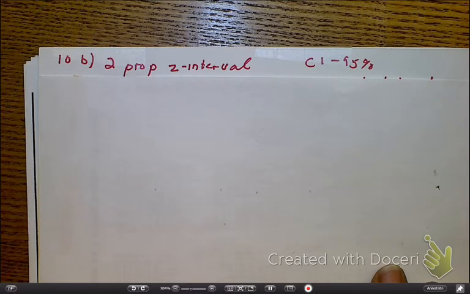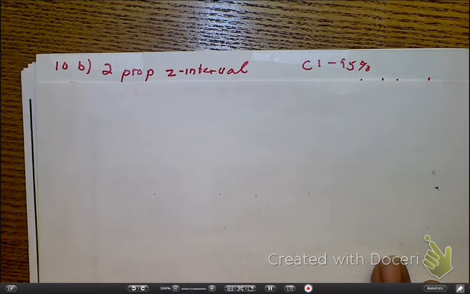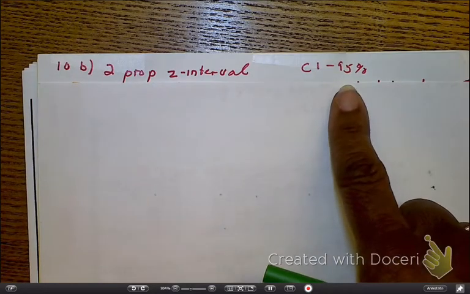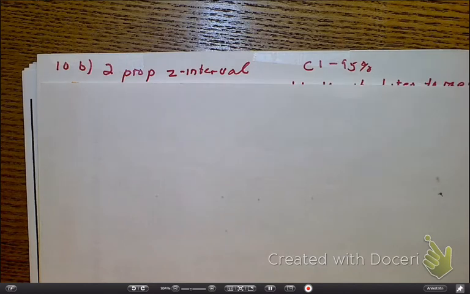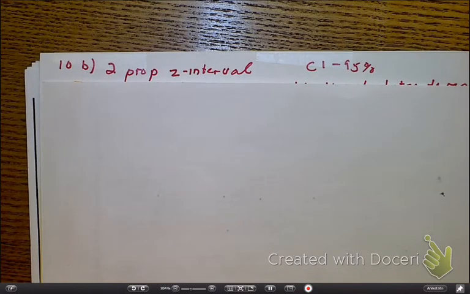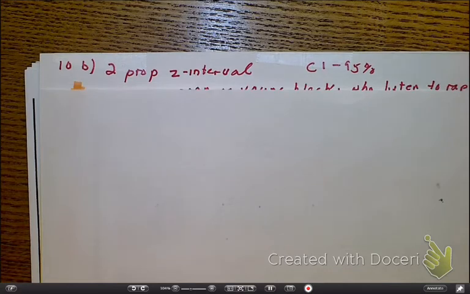So remember, we have our 4 steps: our statement, our conditions and assumptions, our calculations, and our conclusions. So our first statement is that this is a 2 proportion Z interval, and I've got to mention my CI as 95. I could mention it somewhere else, but I noticed I had not mentioned it, so I decided to write that up there later.